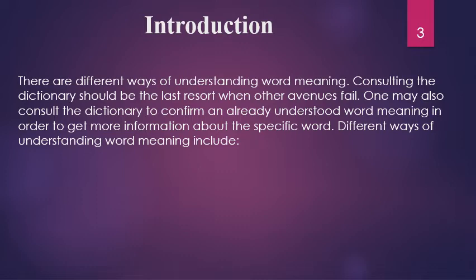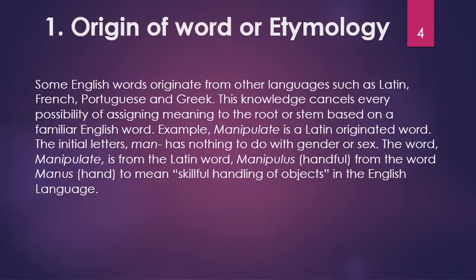Different ways of understanding word meaning include, for example, the following. One, the first way of understanding the meaning of words, can be through the origin of a word, etymology. When we talk about origin or etymology, we are going back to where the words originated from.